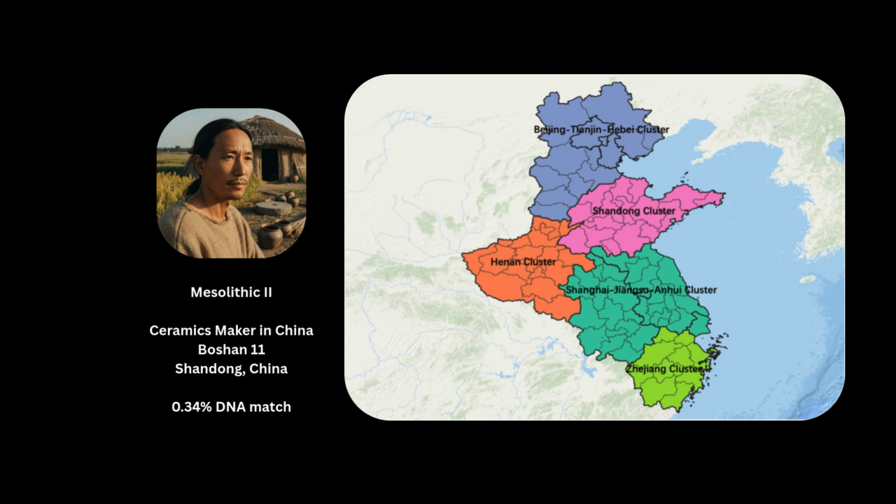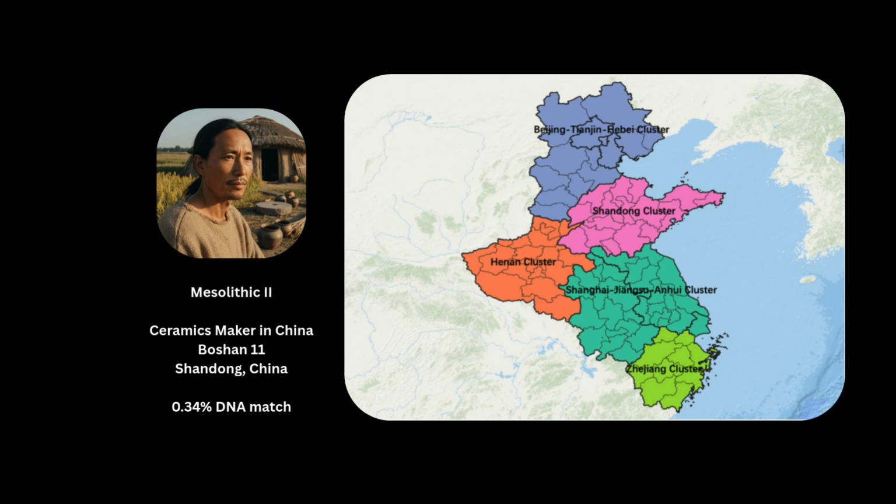Boshan 11 is frequently used in scientific literature as a reference proxy for Shandong hunter-gatherer, in brackets Shandong EN ancestry. The north-south split: his genome helps define the ancient northern East Asian ancestry cline, which contrasts with the southern East Asian ancestry found in Neolithic Southeast China and Taiwan.